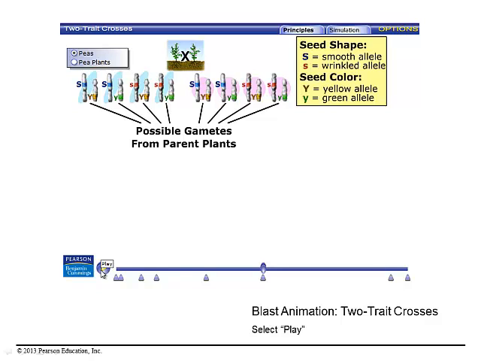Now we're starting to get a little confused, or confusing. But basically, we just have to keep those alleles straight. There's 4 possible gametes that can be produced by these heterozygous parents. And I'll show you on the board in a minute.